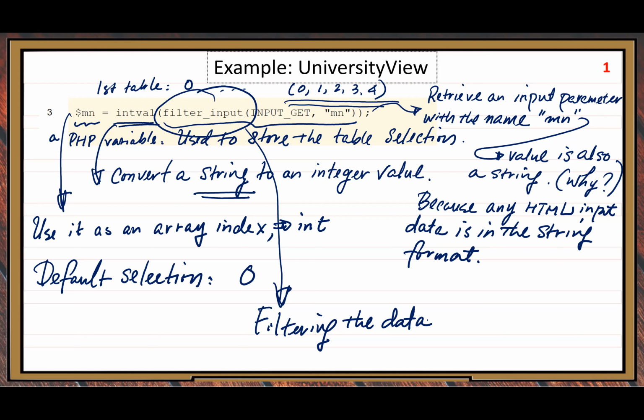So this function tries to detect and disable it. If a hacker embeds some JavaScript function, this function will disable that harmful code. That means every time you try to retrieve input data, you need to do this kind of filtering.